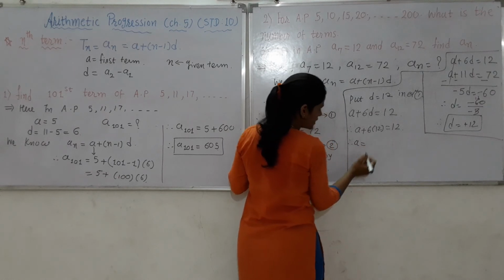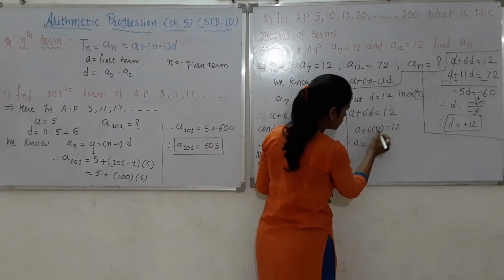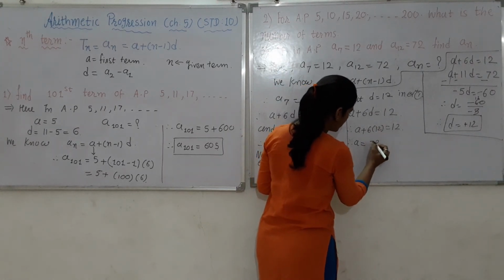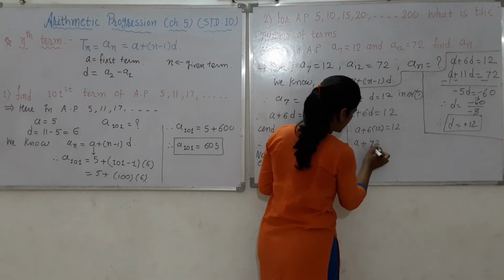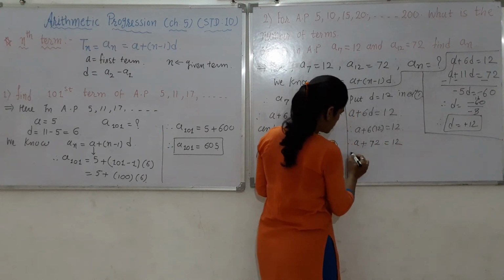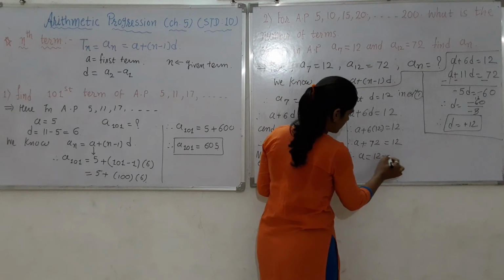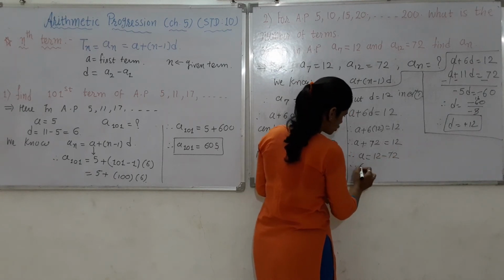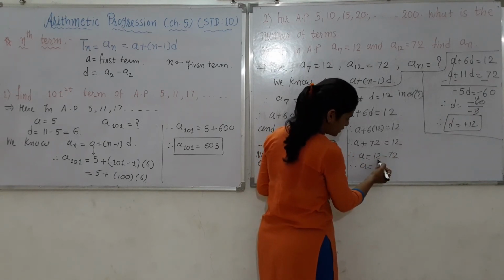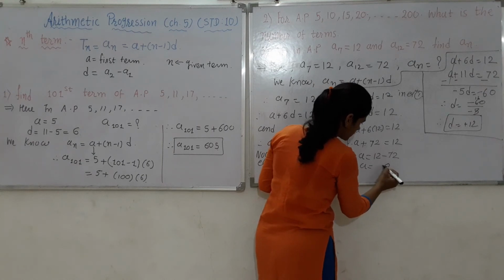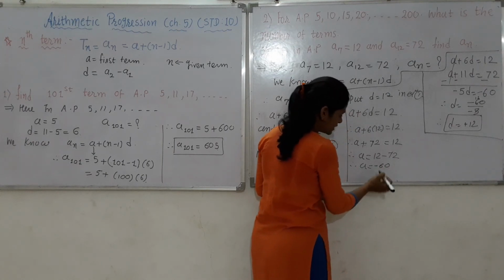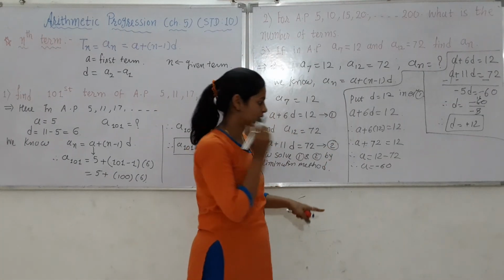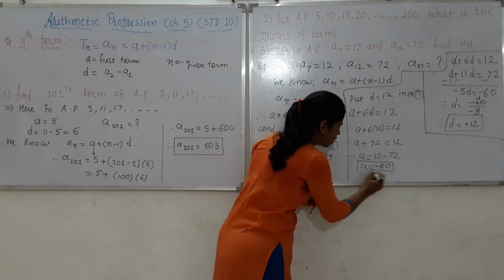So A plus 72 is equal to 12. So what is your A? 12 minus 72. 72 minus 12 is 60, and put the bigger digit's sign, minus 60. So this is the value of A.